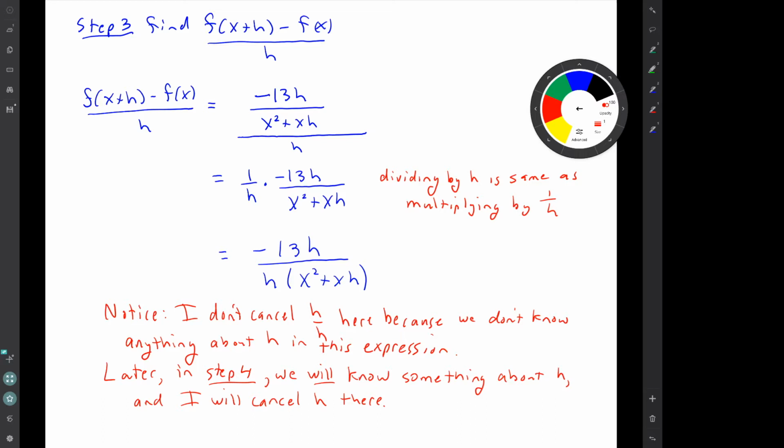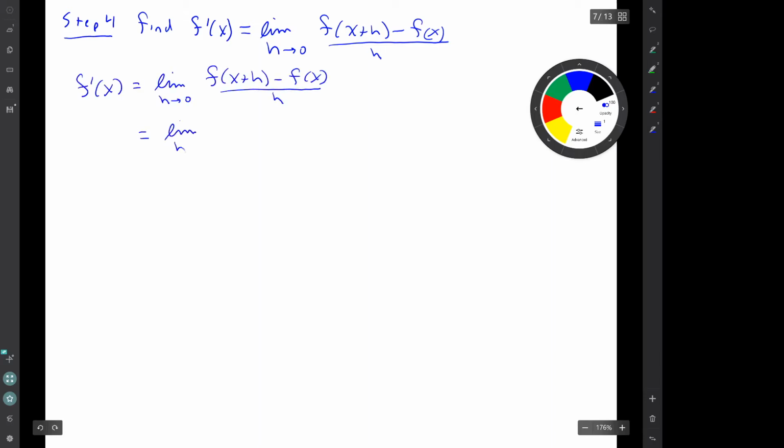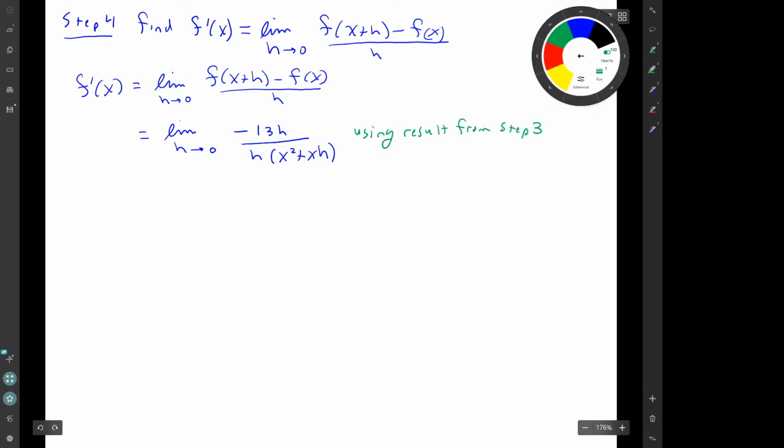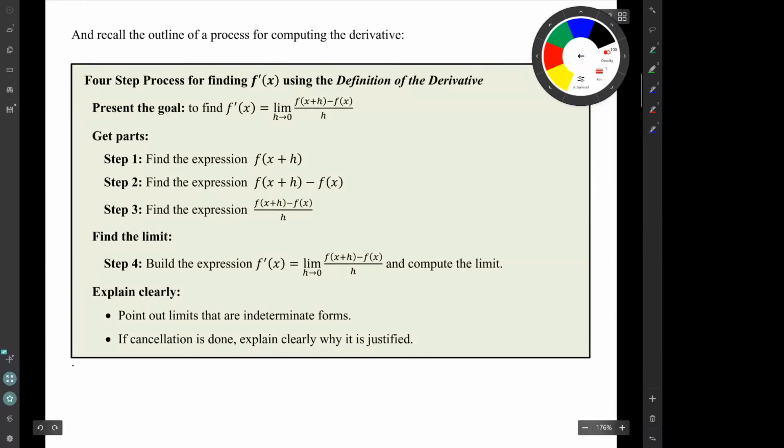Now let's go on to step 4. So there we've substituted in our result from step 3, our f of x plus h minus f of x over h. Now, I have not been doing something that I mentioned in the 4-step process. I mentioned in the 4-step process that we should point out limits that are indeterminate forms.